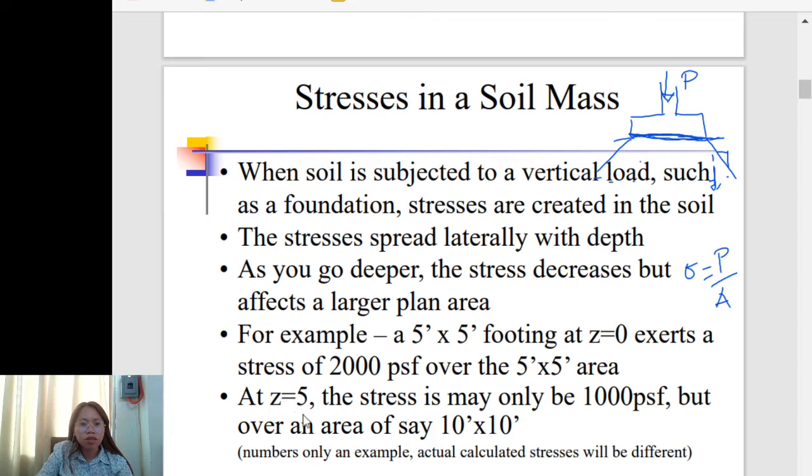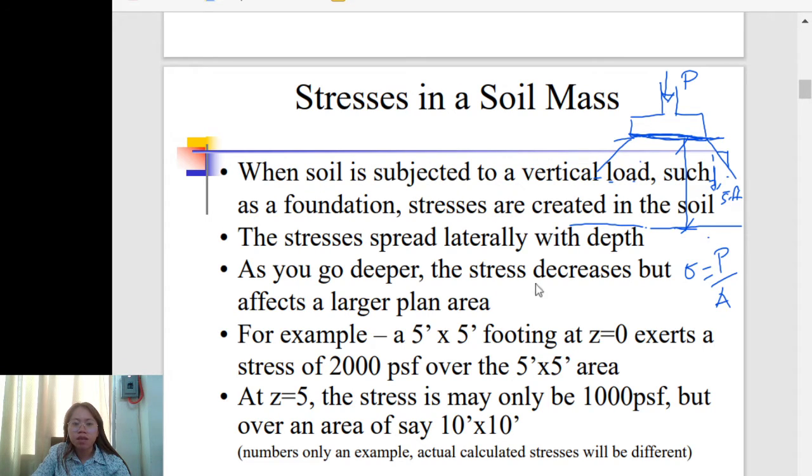But at z equal to 5 feet below the footing, the stress is maybe half, so from 2,000 it becomes half, but over an area of 10 feet by 10 feet because your area has become bigger.